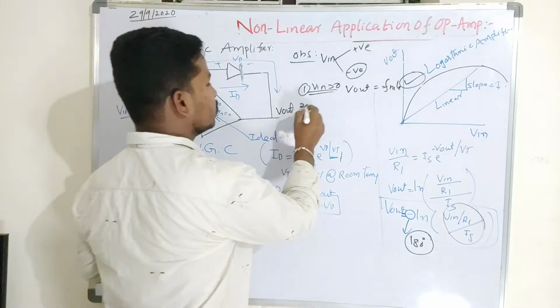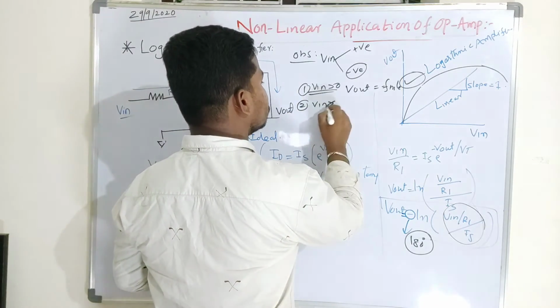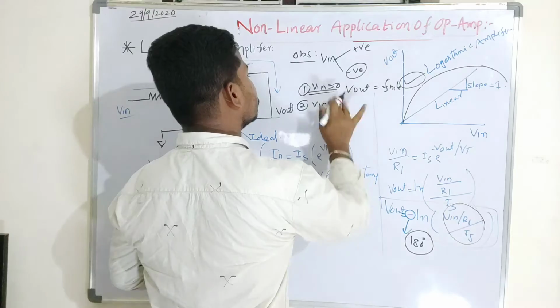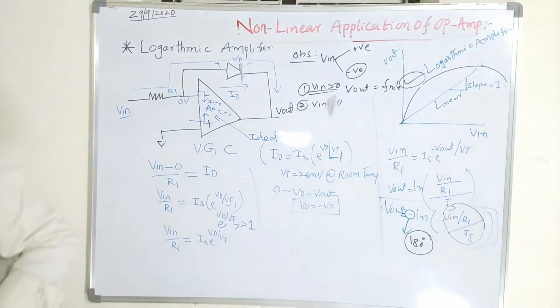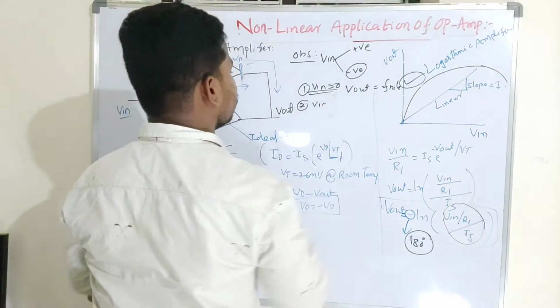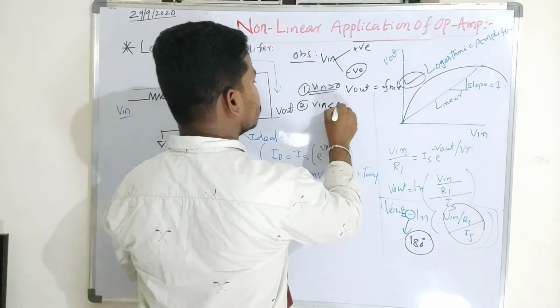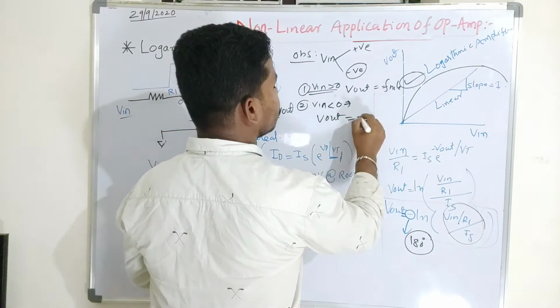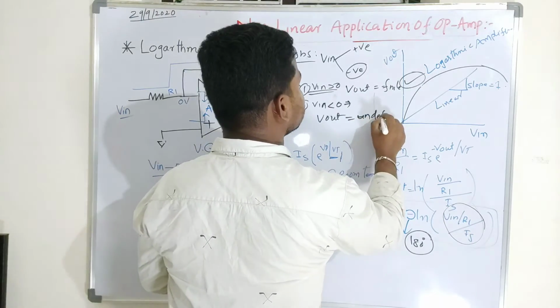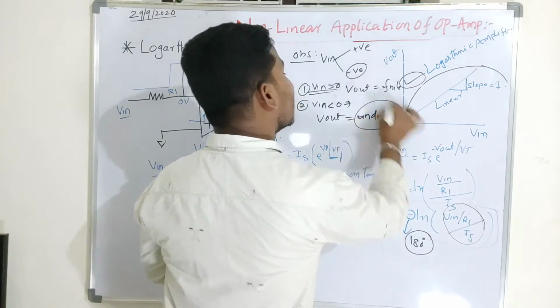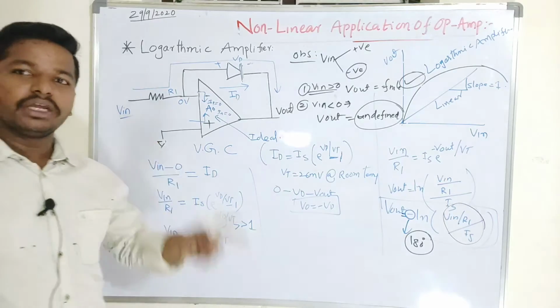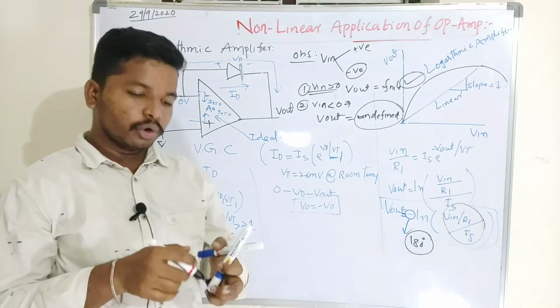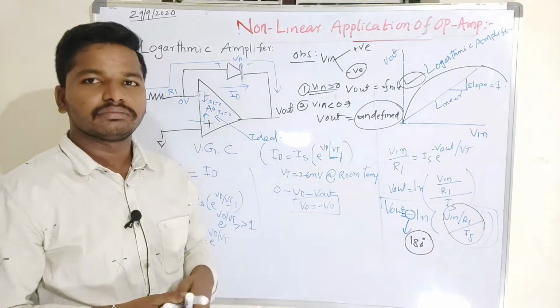Now assume that V input is less than 0, then V output will be undefined.